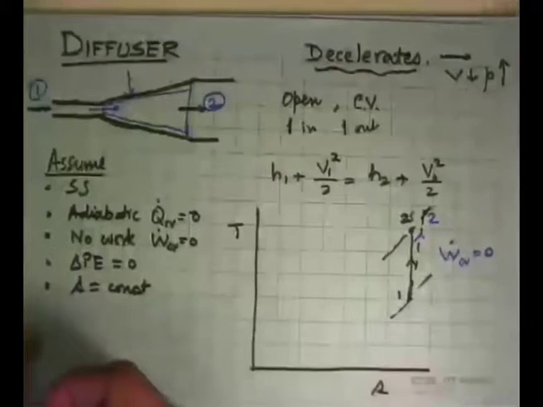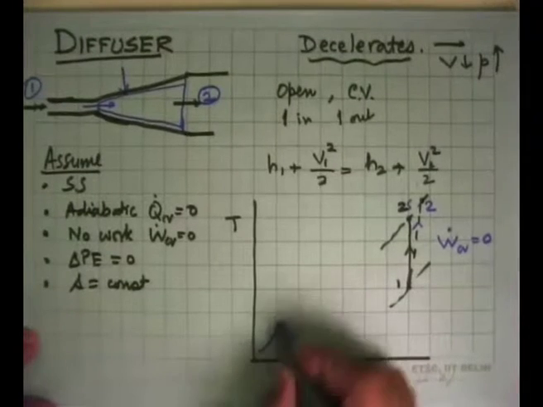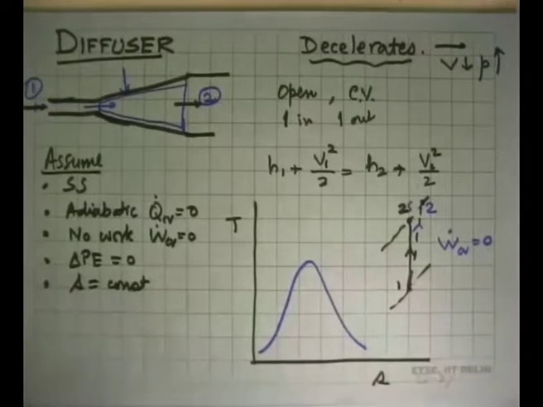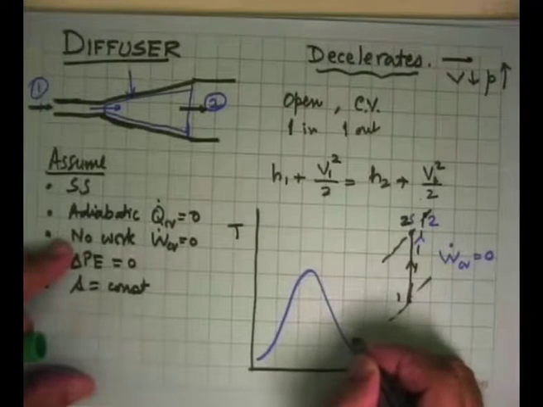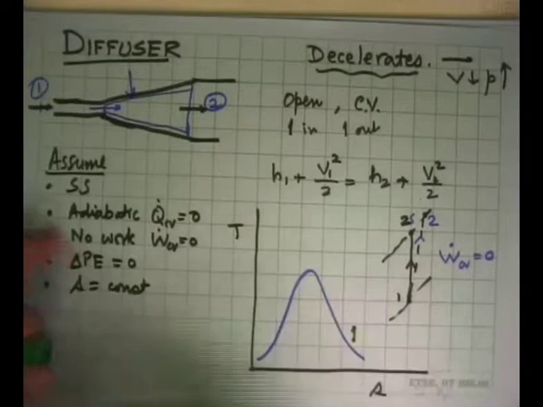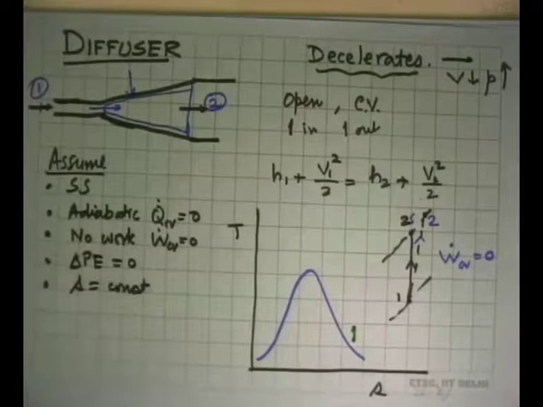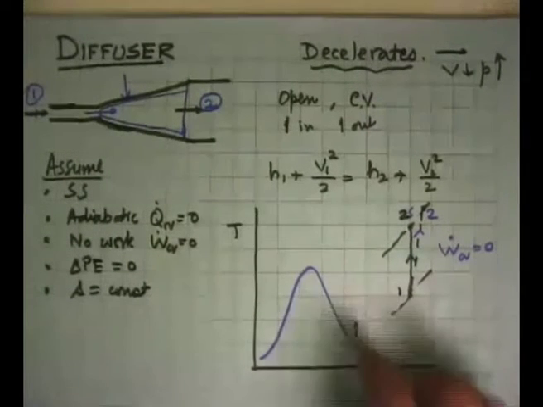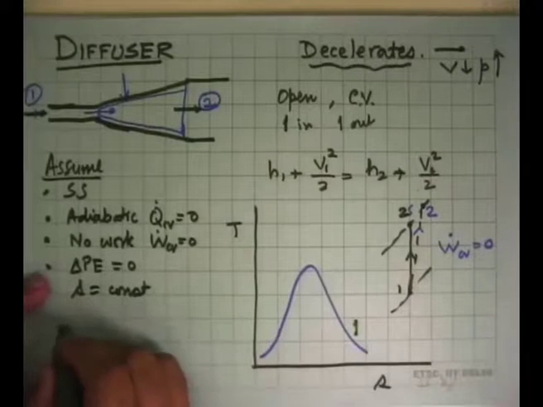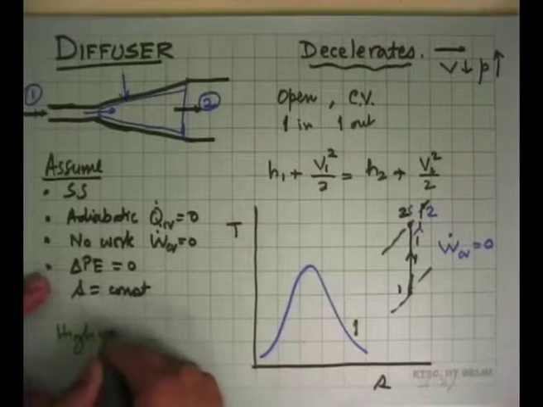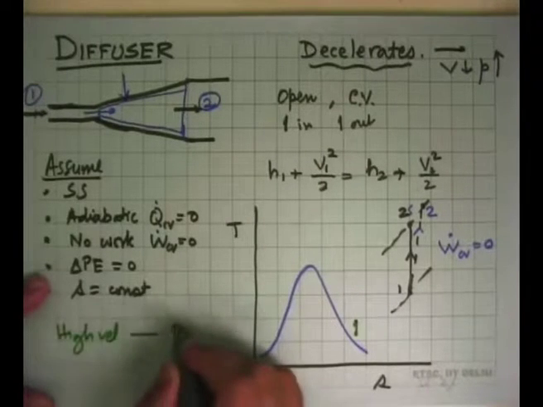That's the difference. And if you were near the dome, the same thing would happen: if your initial state is over there, then we would like to bring it up there and increase the pressure. So that's what diffusers do. And you use diffusers in places where you have very high velocity, which you want to reduce.